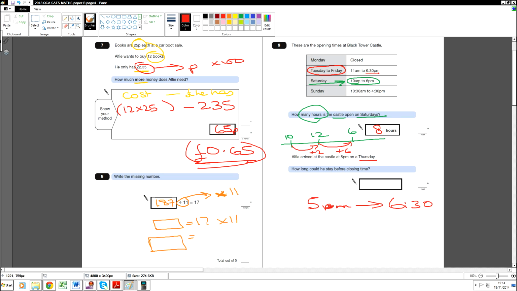That's nice and easy. 5 to 6 is 1 hour, so it'll be 1 hour 30 minutes. You can write 1.5 hours, that's also okay, but 1 hour 30 minutes is better for our kind of SATs on paper.